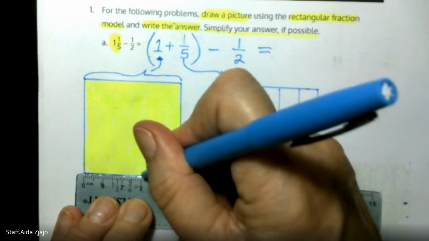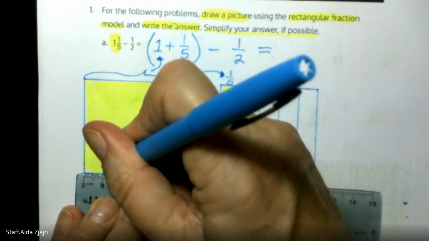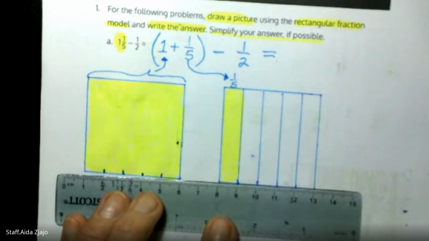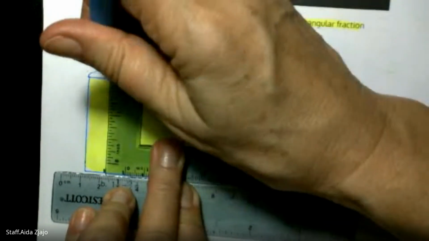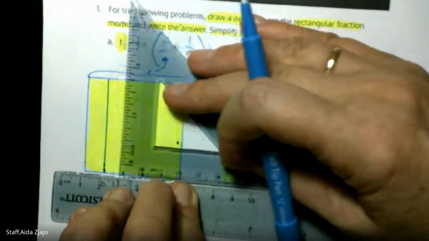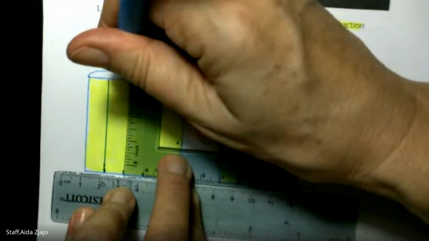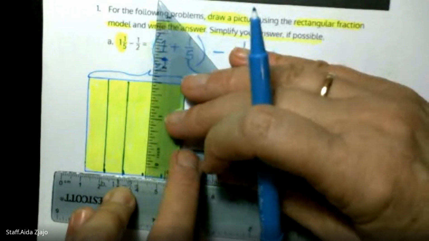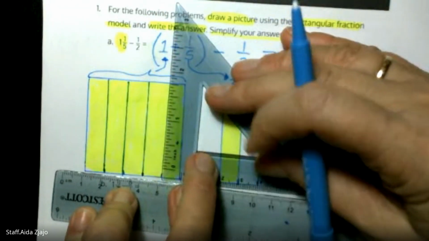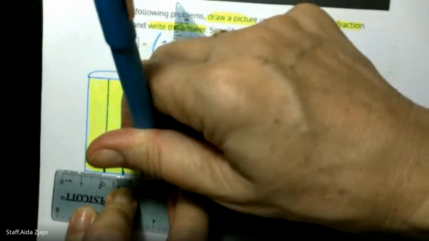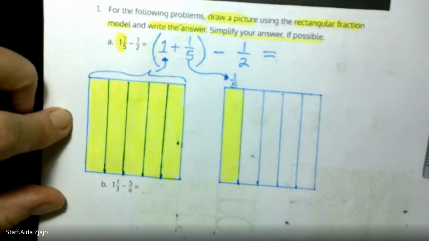I really should have 6 fifths, which is an improper fraction, and tells me that I have 5 fifths as a whole, and I also have 1/5 left.